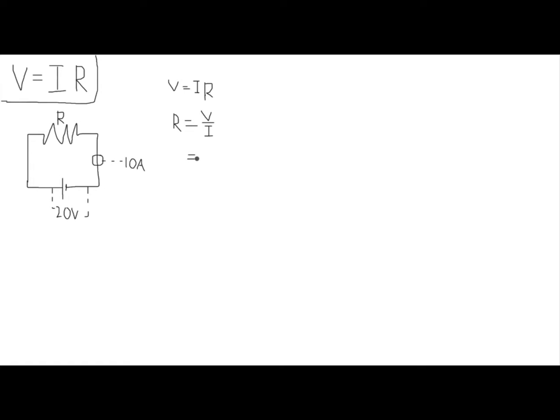We can plug our values in. So we know we have 20 volts. The current is 10 amps. So then we know that the resistance is equal to 10 ohms.